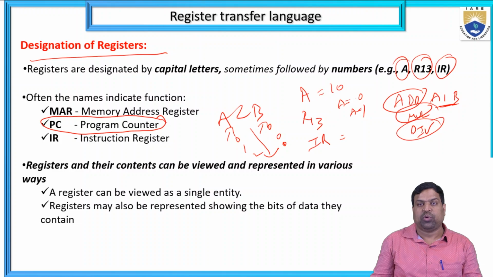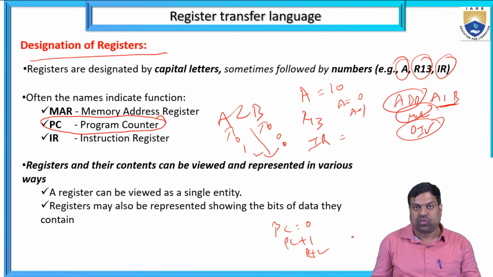The program counter will count how many inputs you have given to A, how many to B, how many total values. The program counter will count PC equal to 0, PC plus 1, PC plus 2, like this.